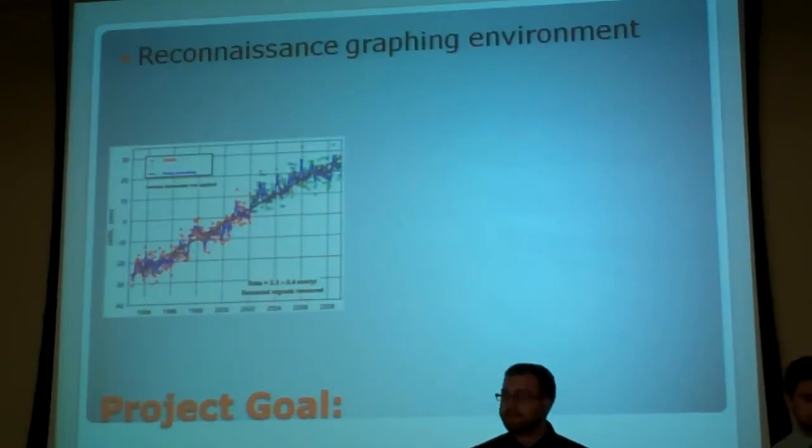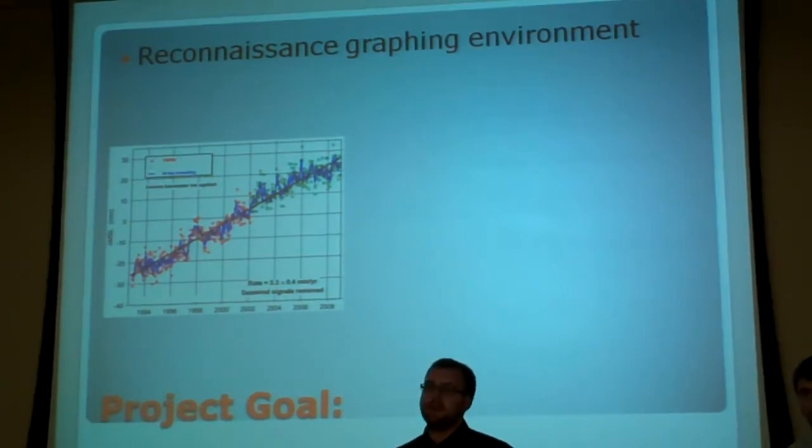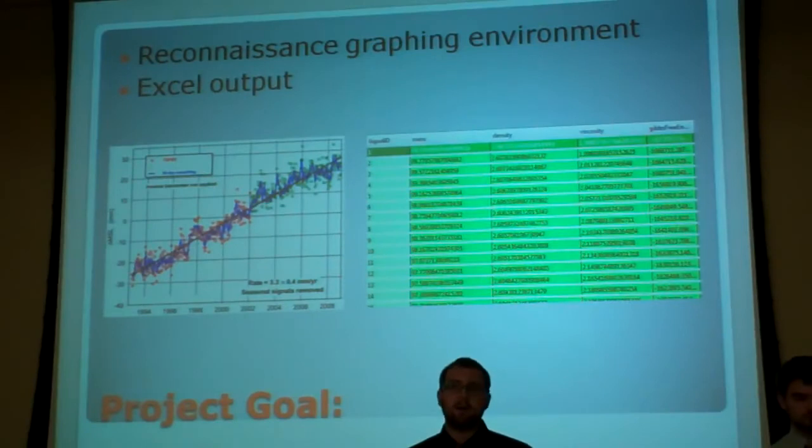So our goal: she wants a tool that can be used for reconnaissance graphing. She wants something that she can set up and graph the same amount of data every single time with all these runs that she's doing during a day, and it won't take her 5 hours to look through an Excel spreadsheet. It's all very clean, very organized, and easy to use. Not only does she want to graph, she wants to be able to put specific data out to an Excel spreadsheet.